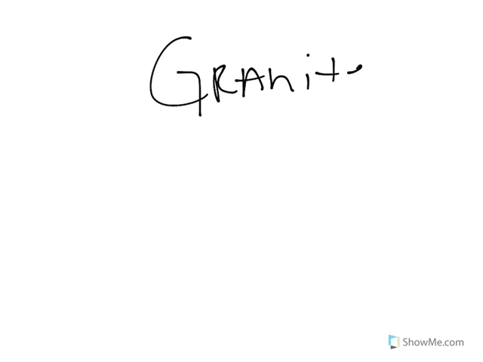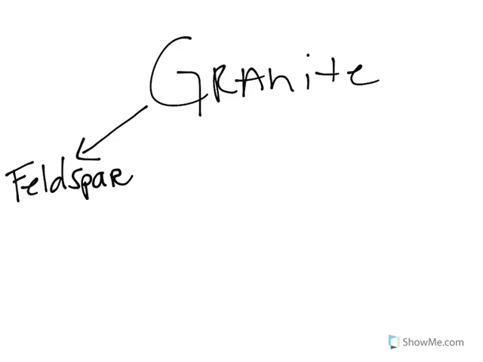Granite generally has this mineral we're going to call feldspar. We talked about this earlier in this chapter. It might be sodium, calcium, or potassium feldspar, but either way, it has feldspar. Remember, feldspar is the most common mineral on Earth's surface.